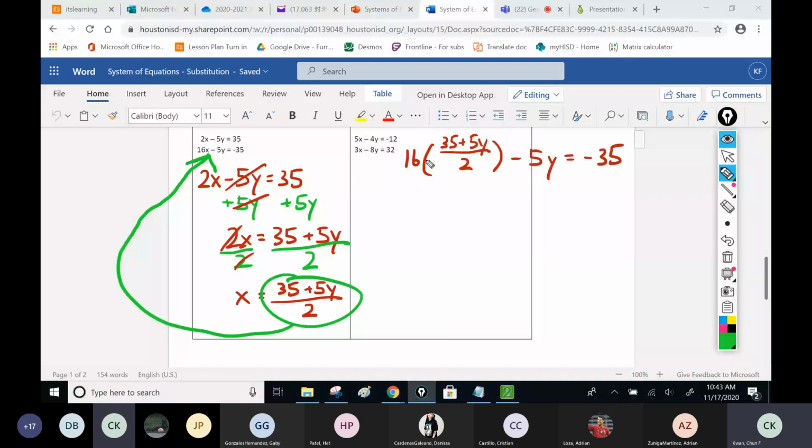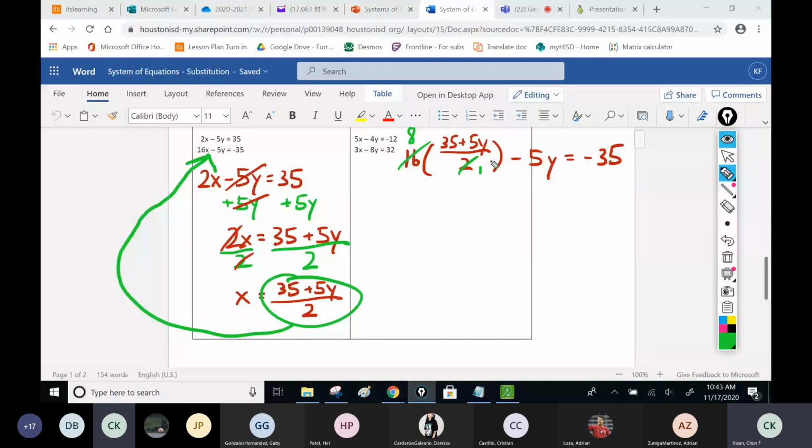The next step is I'm going to see if I can simplify 16 and 2. The 16 out here, and the 2 down here, I can simplify them into 8 and 1.